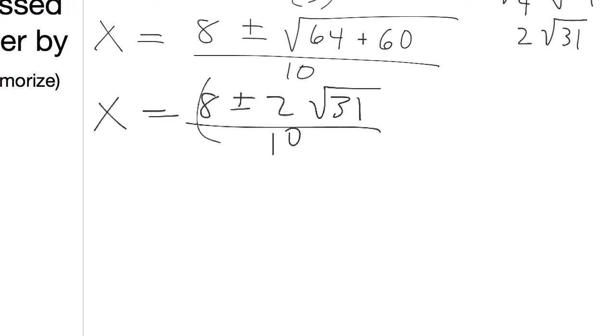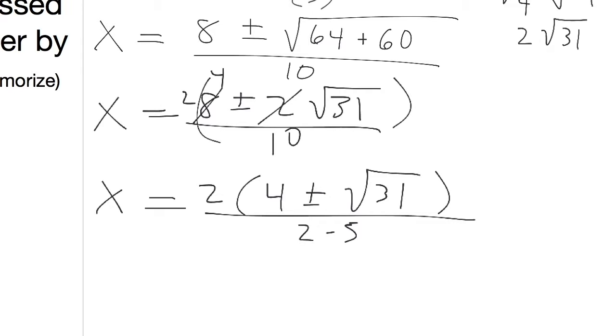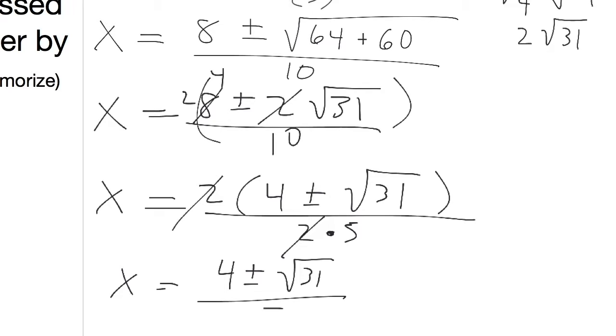I'm going to factor out a 2. So you get x is equal to 2 times 4 plus or minus the square root of 31 all over 2 times 5. So the 2's cancel, and you get x is equal to 4 plus or minus the square root of 31 over 5.